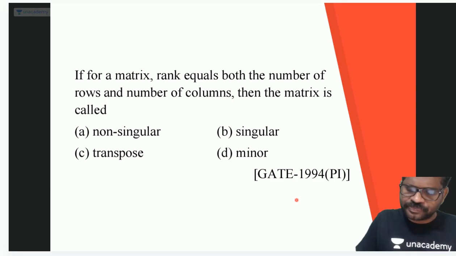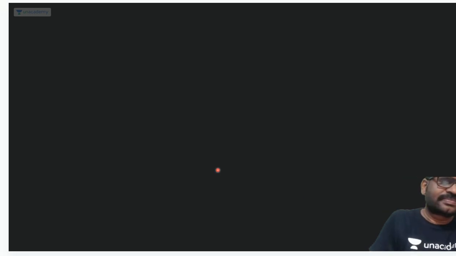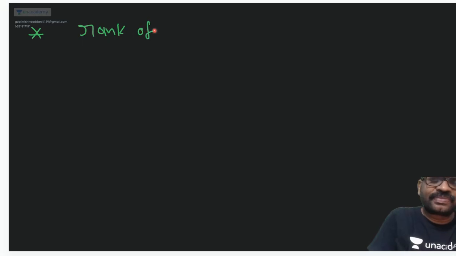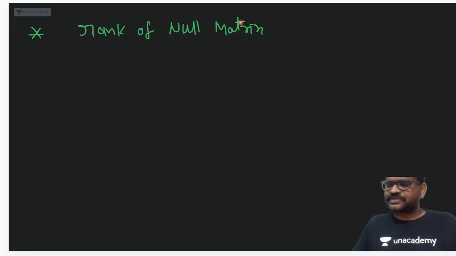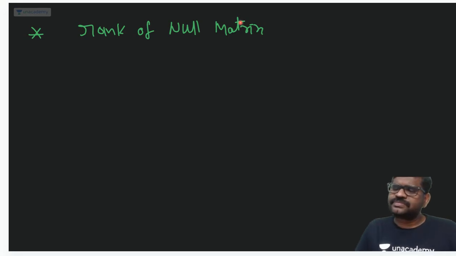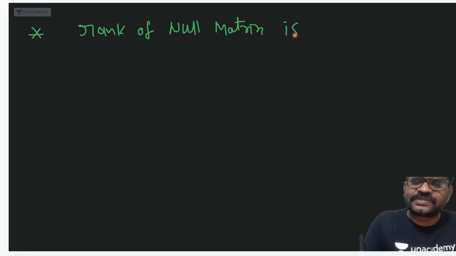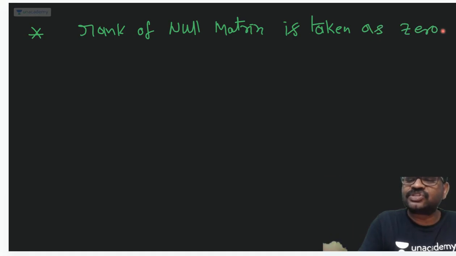Now observe. Properties of rank. The rank of a null matrix is taken as 0.